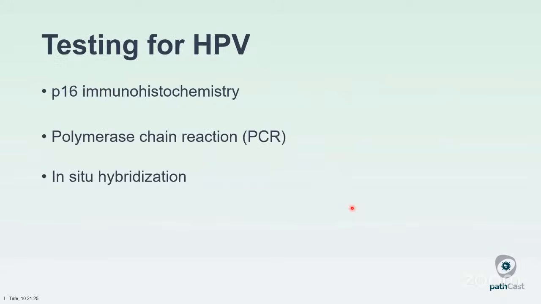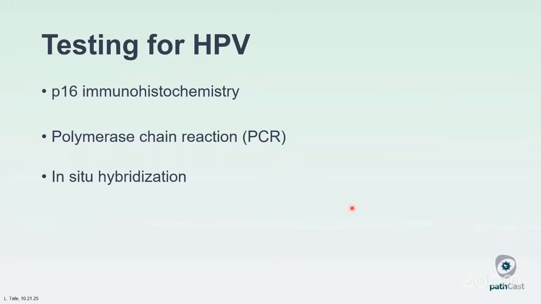So testing for HPV, you're probably familiar with using P16 immunohistochemistry in this context. Just to make the point that P16 immunohistochemistry can be very useful, but it really has to be context-based. So in the cervix, in the oropharynx, for instance, where we see these HPV-associated neoplasms, P16 can be used nicely as a surrogate marker.